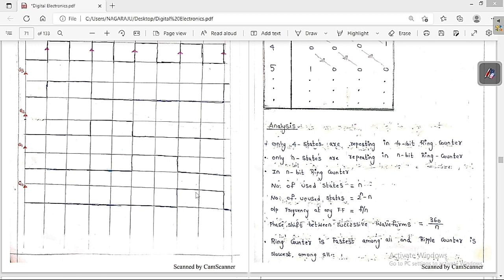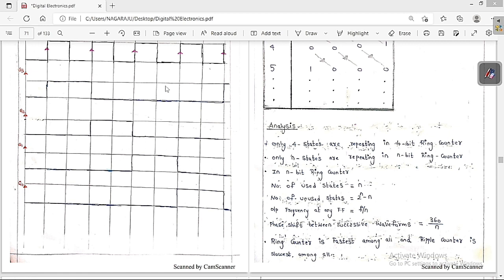Then we are going back to this position, the same thing. So listen carefully: 0, 0, 0, 0, then 1, 0, 0, 0, then 0, 1, 0, 0, then 0, 0, 1, 0, and 0, 0, 0, 1, then we are going back to the first position. So only 4 states, 1, 2, 3, 4, only 4 states are used.